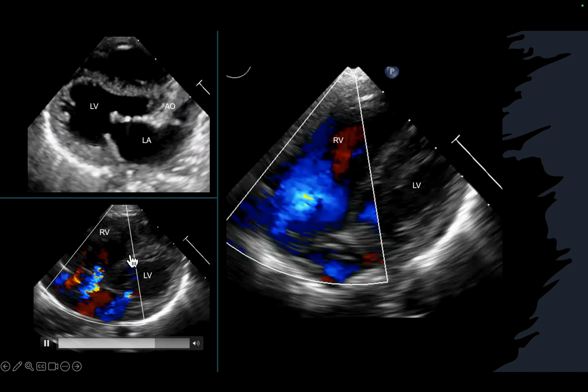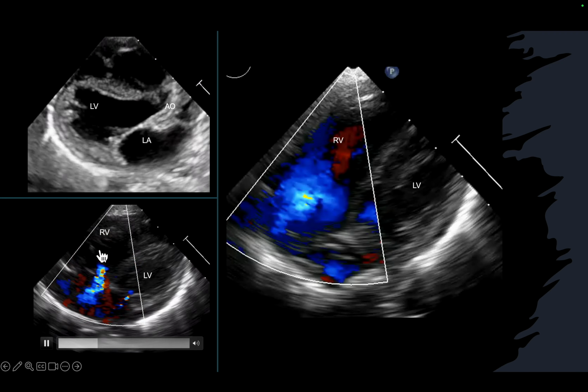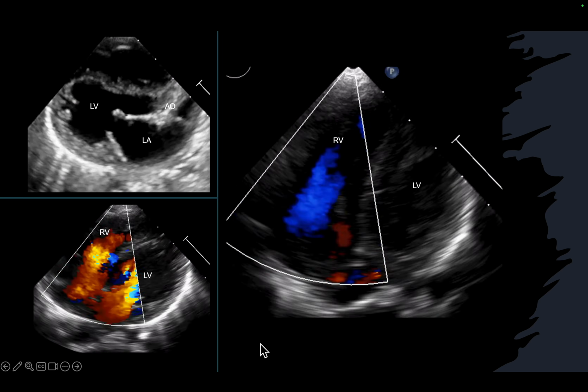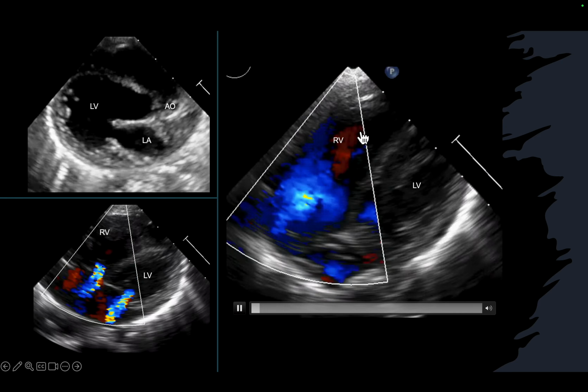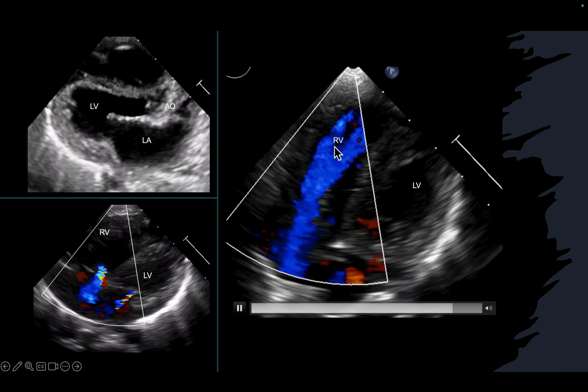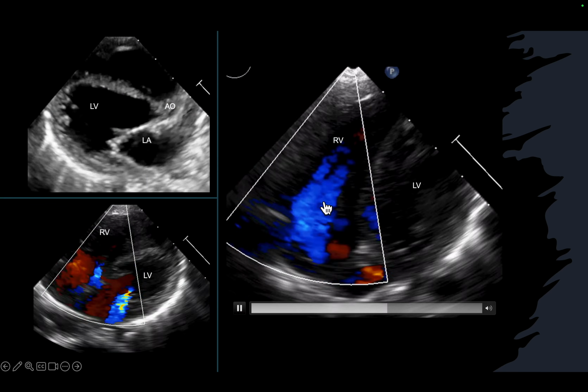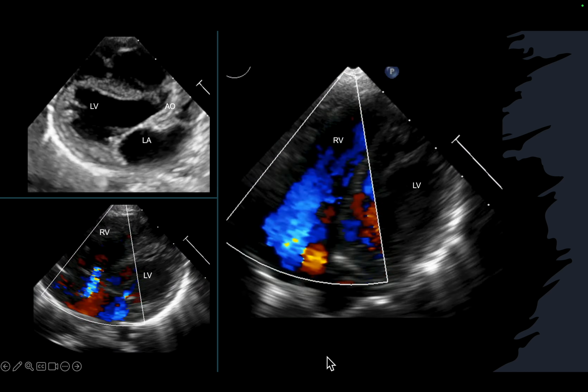You see RV also is dilated, it's not contracting well, but this red flow is an antegrade flow. To our surprise, in one of the angled views, we didn't see this antegrade red color flow. We saw a retrograde flow going in this direction, that is blue, and where is this blood coming from?